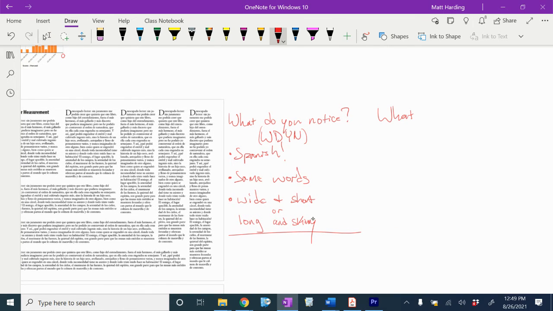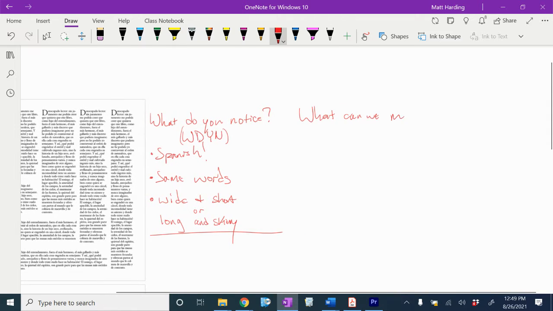What can we measure directly? Come on, screens. So that's what I'll usually write: what can we measure directly?